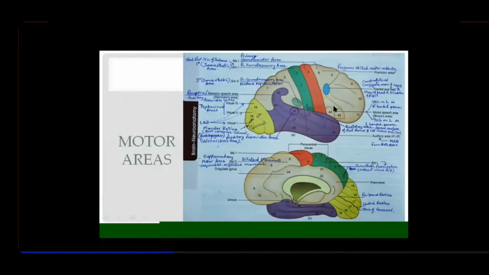Motor speech area, first of all, look at its location. There was this stem of the lateral sulcus, and the stem of the lateral sulcus was dividing, it's an example of a secondary sulcus which is being formed because of the lesser wing of sphenoid.